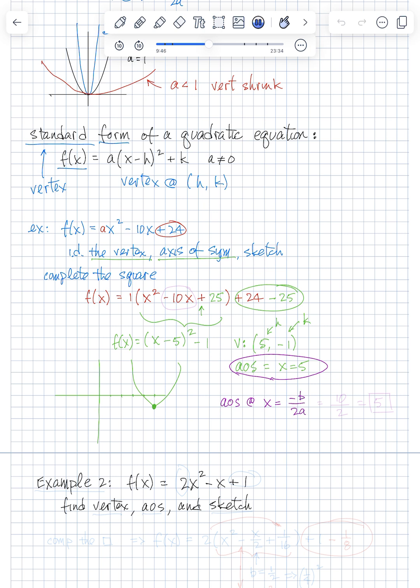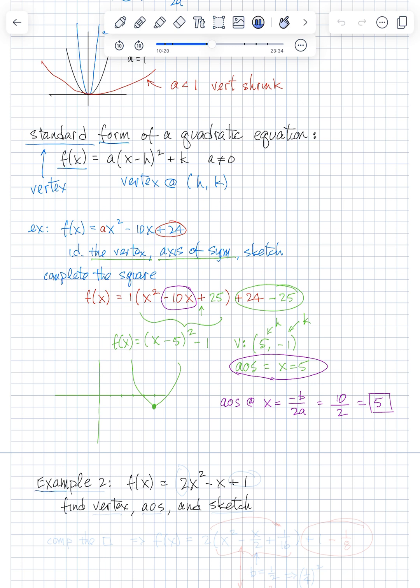So if we look at our original problem, minus b is minus minus 10, so that's going to be 10 over 2a. A is 1. So 10 over 2, which is 5. So we can find the axis of symmetry just by looking at the original equation. We don't have to have the vertex form.